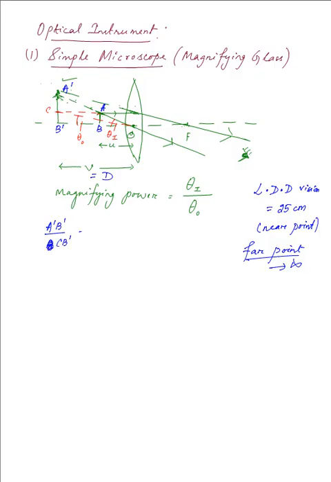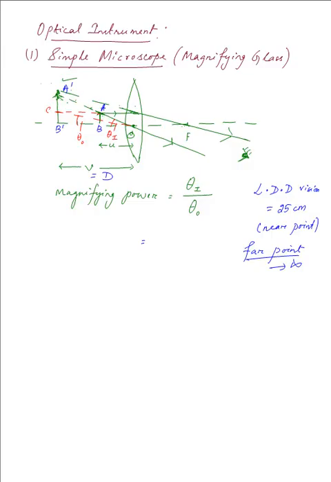will be equal to the base distance. I beg your pardon, this is not the case. Well, theta I over theta O. I got distracted. Theta I over theta O. Now, these angles are really small because you're observing small objects.